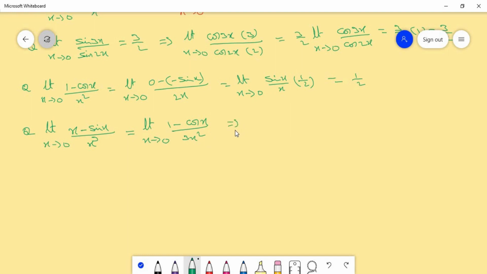Then also getting 0 by 0 form. Then do one more time L'Hospital rule. Limit x tends to 0, 1 minus of minus sin x by 6x. Now check here. In the place of x 0, 1 minus 1 plus 0 it is by 0. Here we get 0.